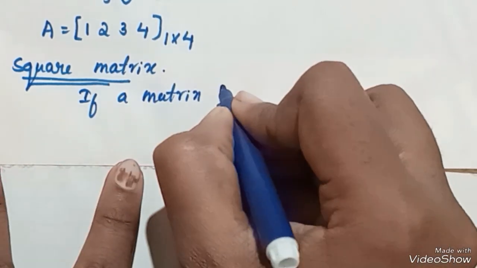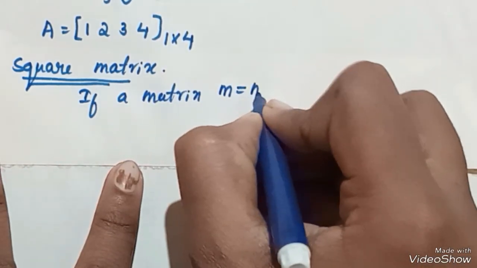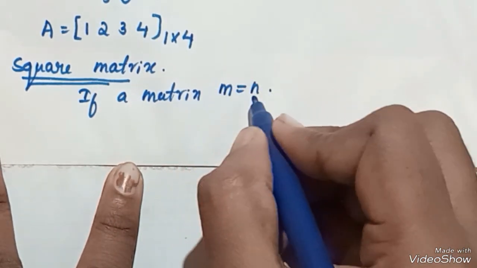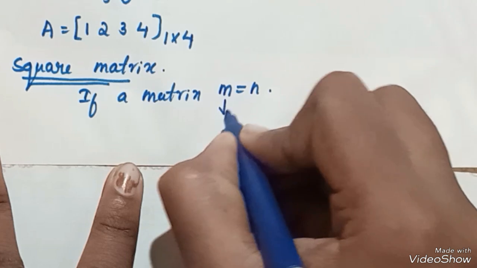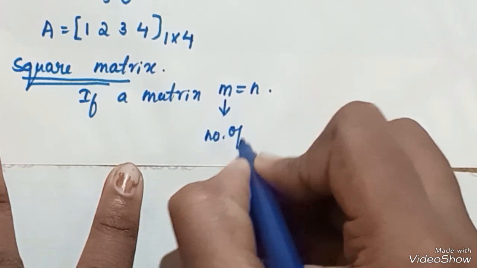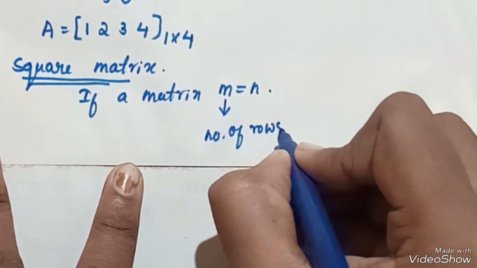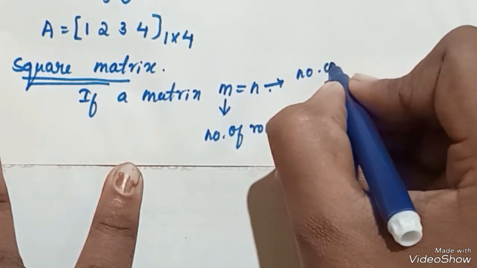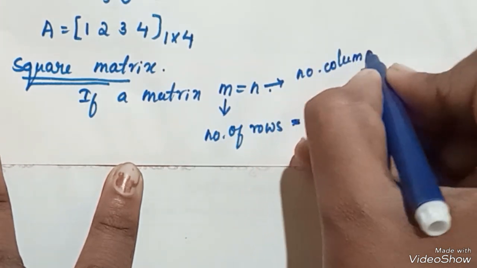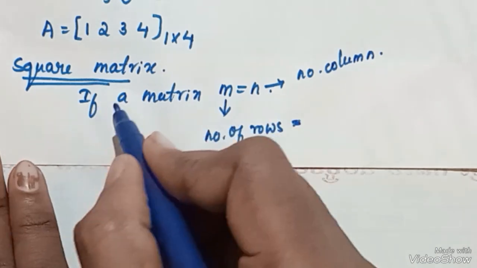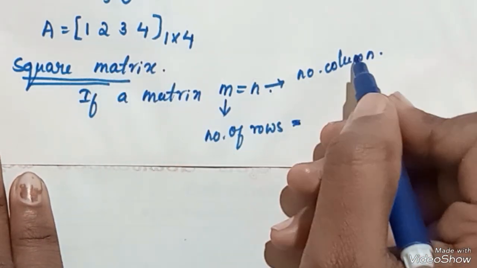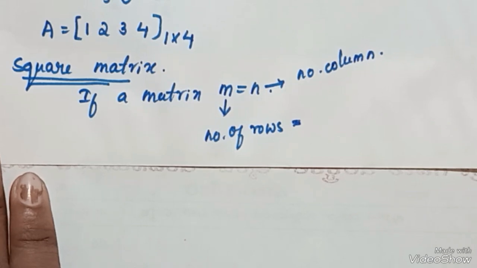A matrix is said to be a square matrix if it has the number of rows equal to the number of columns, that is, order m equals n.